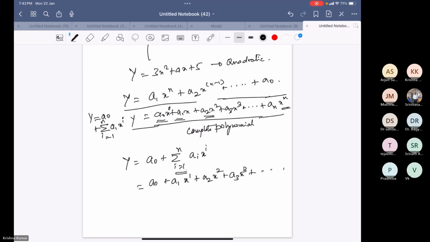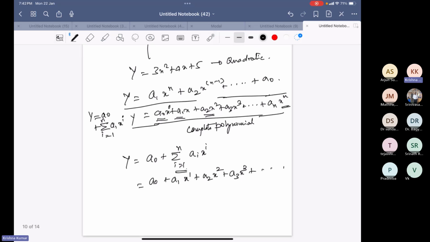Now, the problem is in many situations, you do not know this function. The function becomes very complex because we may not be using nice functions and nice variables like x, y, and so on.